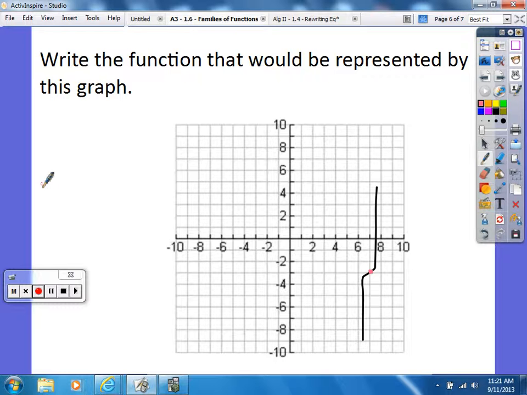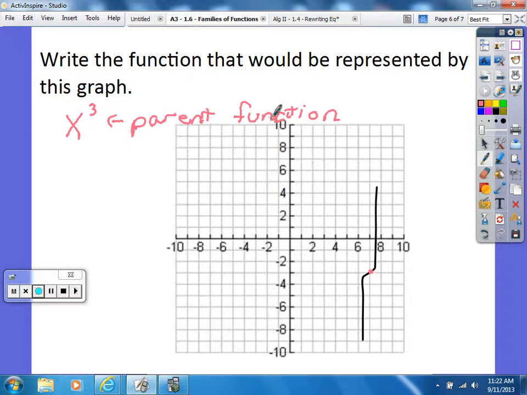What type of an equation would this be? Not cube root. Cube. So this is the parent function. So if they talk about parent functions, that's what they mean.